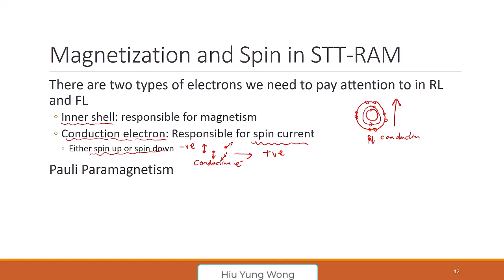So if this is clear, I'm going to tell you another concept called Pauli paramagnetism. So what does it mean? This is about the inner shell electrons. If you try to look at the energy of the electron, you actually have two types. It can spin up or spin down, right?